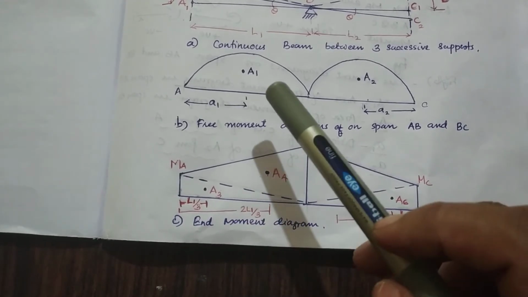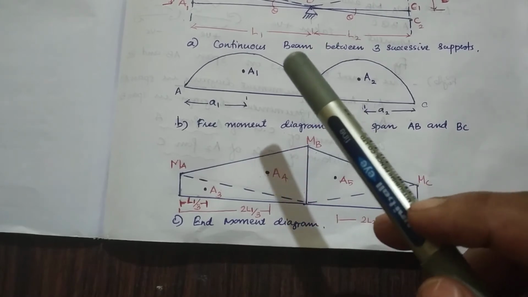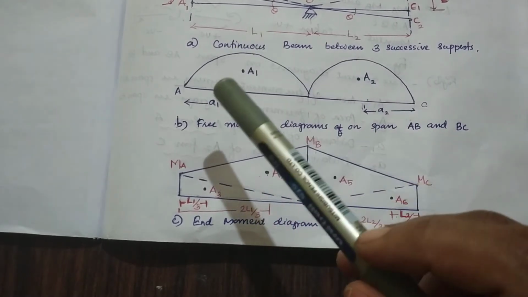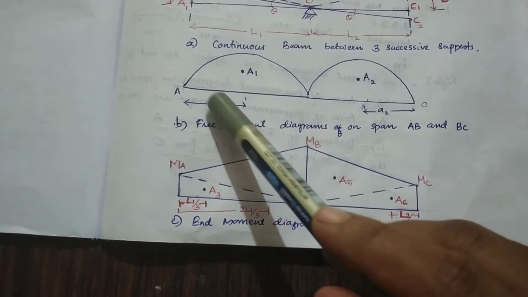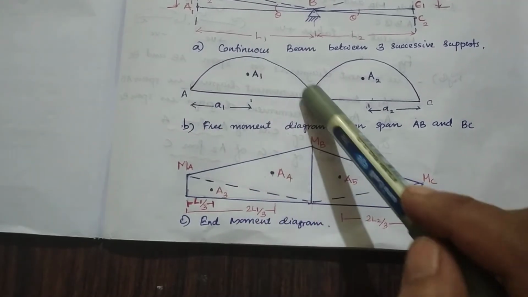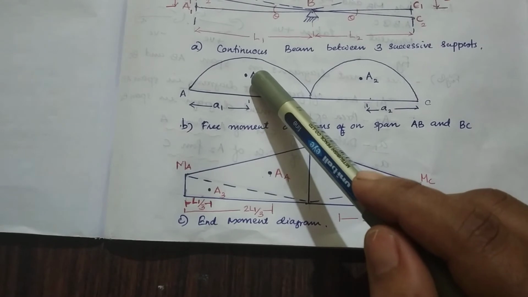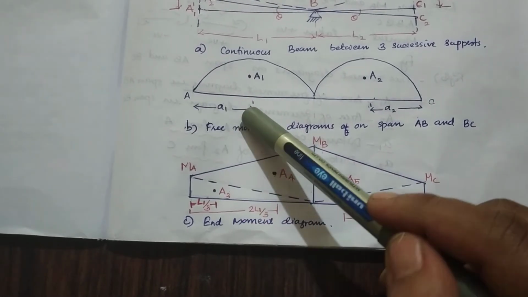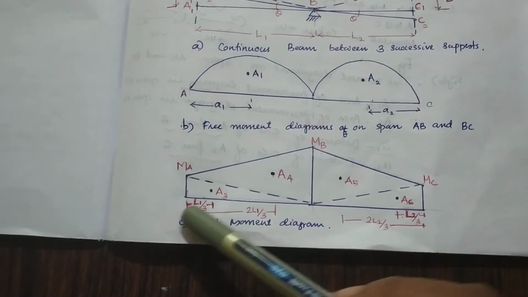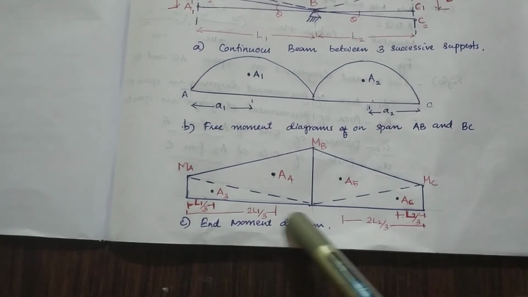Then moment of the M by EI diagram means you have to draw the moment diagram, then find the moment of that moment diagram. So first of all find the area of this diagram, then multiply by that centroidal distance. So the equation becomes A1 into a1 plus A3 into this distance, then A4 into that distance.